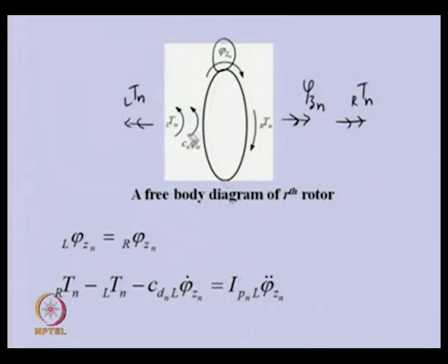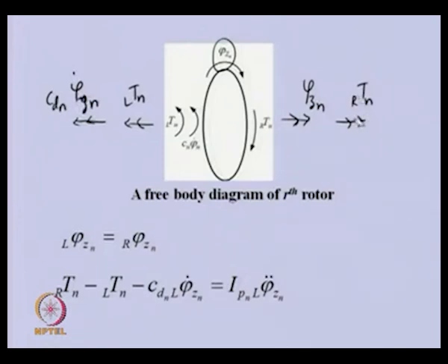You can see this will be opposite to the motion, because the motion direction we have taken right side positive. So, this will be C n or C d n times the angular velocity. So, you can see that various torques are represented here.